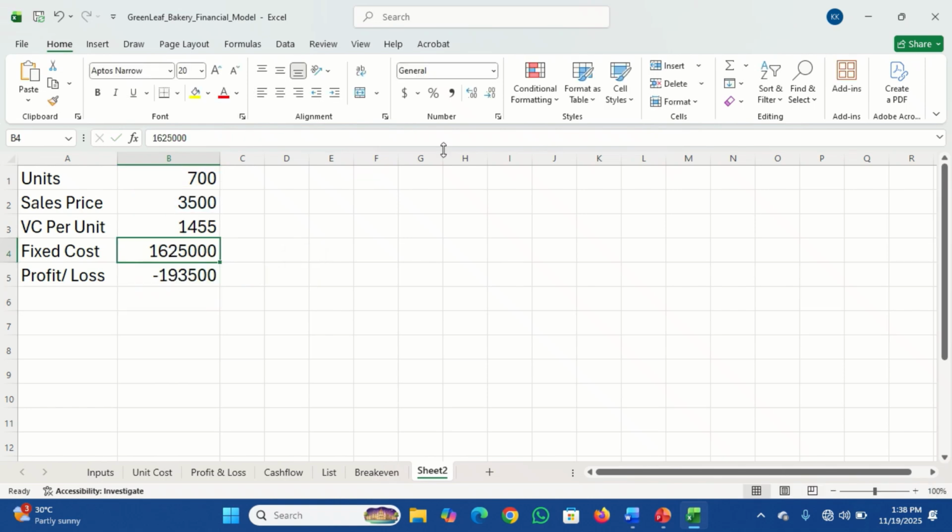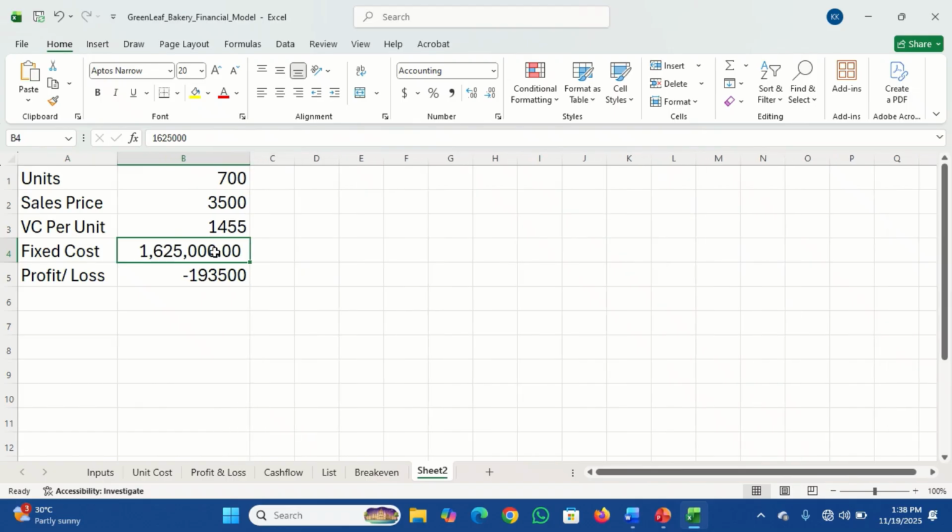Now at this price and at this unit, if you look at this critically, you notice that we are actually losing. So we are not breaking even at all. It will be better for us if we at least break even. So what we are going to do is to guess, maybe start increasing the price.